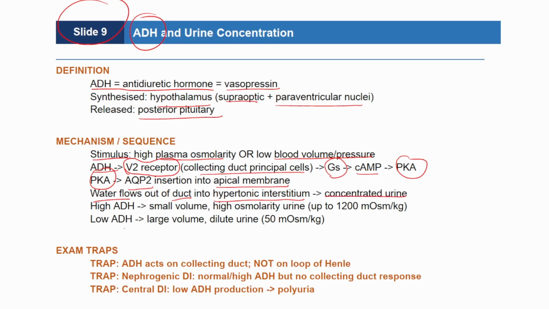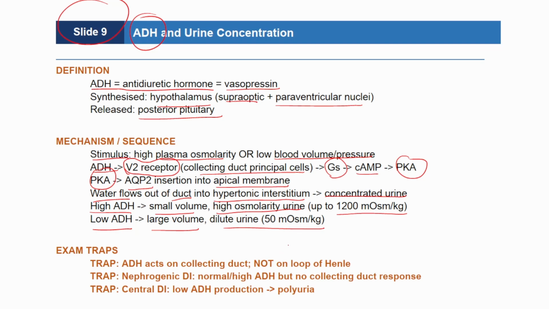Under conditions of high ADH, this pathway ensures the excretion of a small volume of highly concentrated urine, reaching up to 1200 milliosmoles per kilogram. Conversely, a state of low ADH prevents this water reabsorption, resulting in the excretion of a large volume of highly dilute urine, as low as 50 milliosmoles per kilogram.